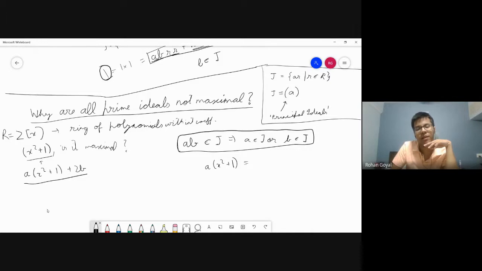Now if I write a(x squared plus 1) as p times q, where p and q are polynomials not divisible by x squared plus 1. But at least one of p and q has the root i, and if any polynomial has root i, it also has root minus i. Oh my, yeah, I understand.